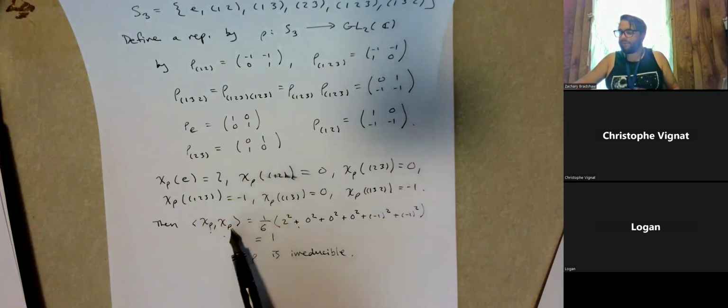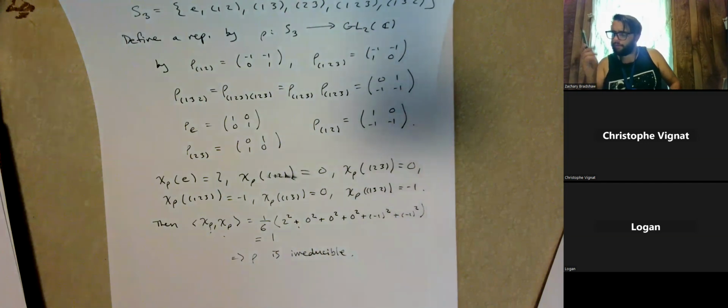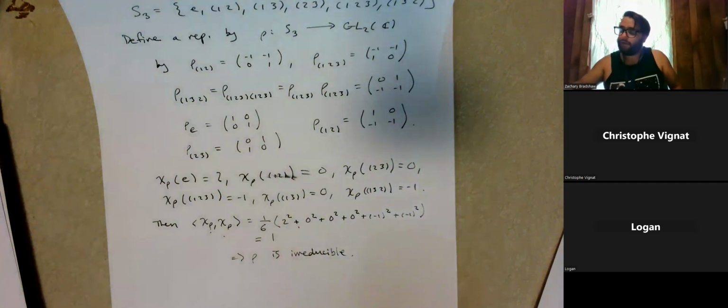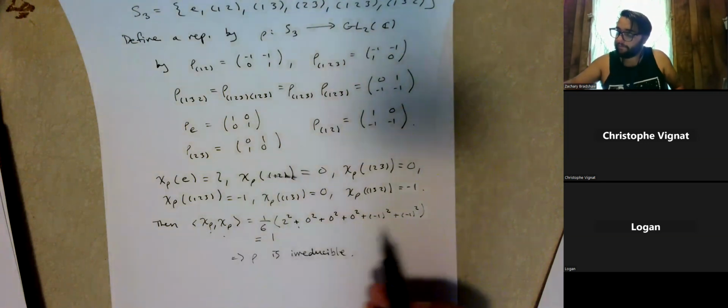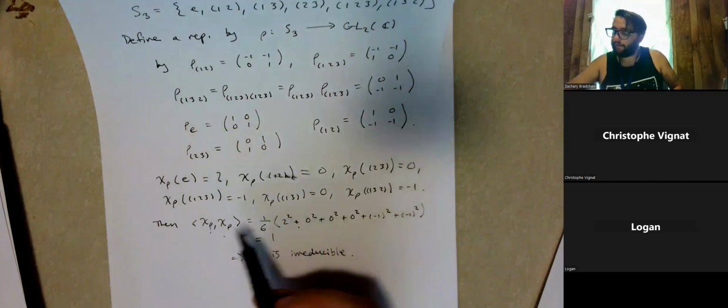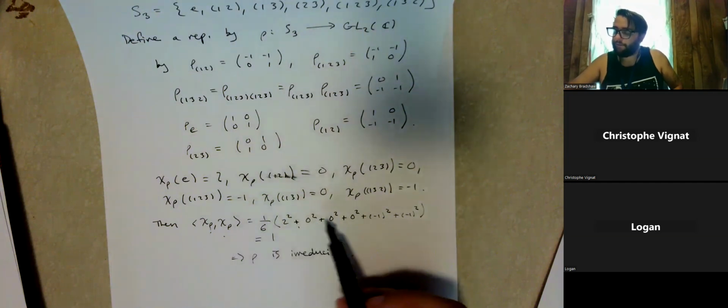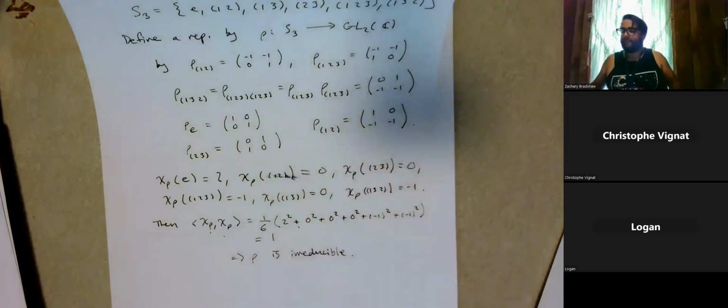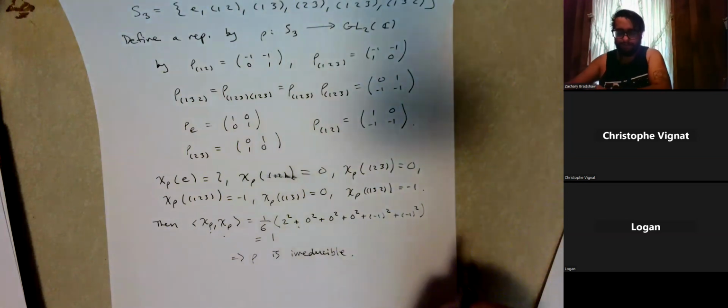And so what's left is, oh wait. No, sorry, this is just the definition of the inner product here. This is 1 over the order of the group, and you sum over chi rho of g times its complex conjugate. Yeah, sorry, that's my bad.